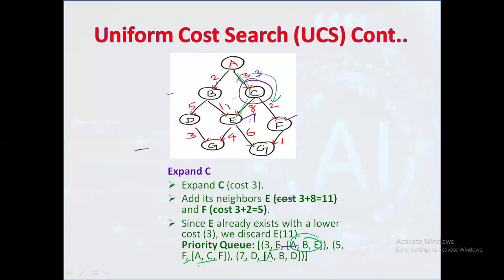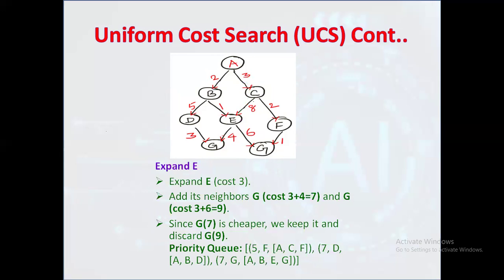Next step is expanding E. The next least cost node is E, with cost 3. Expanding E adds its neighbor G with the costs 4 and 6 to the queue.